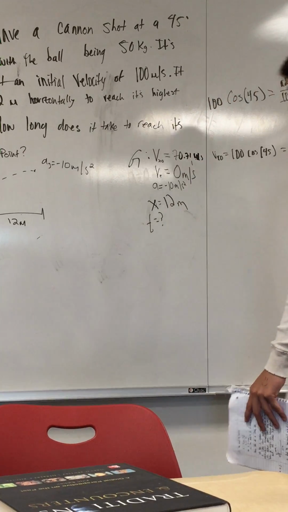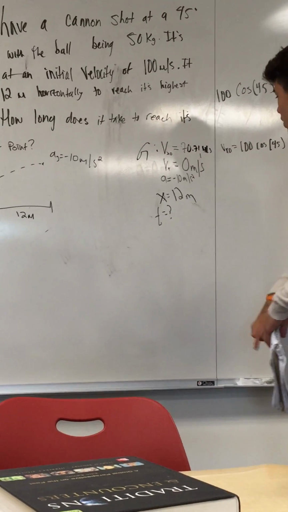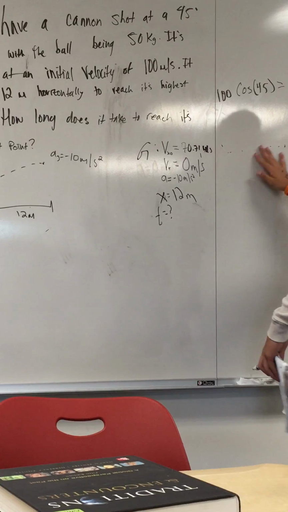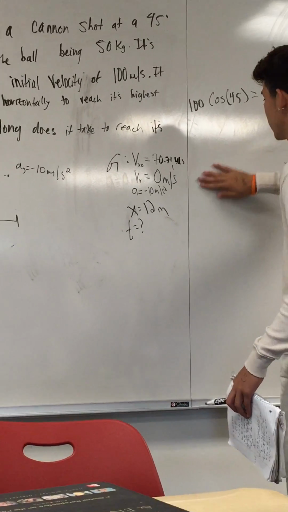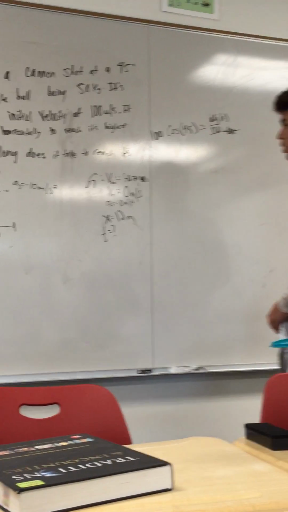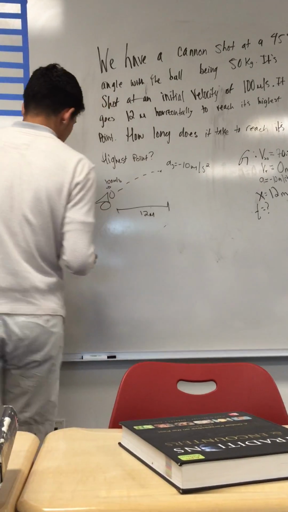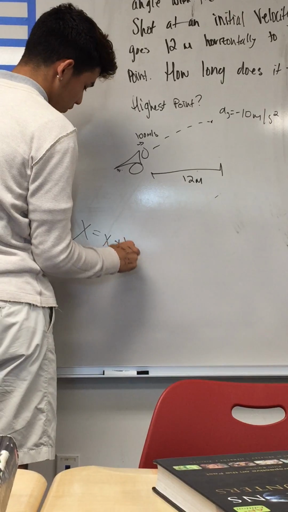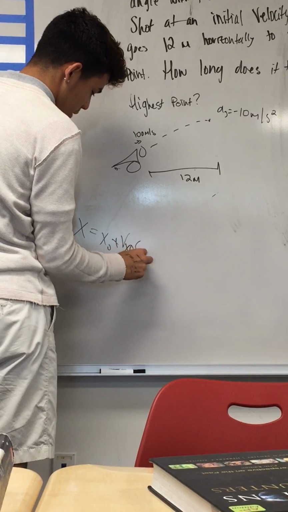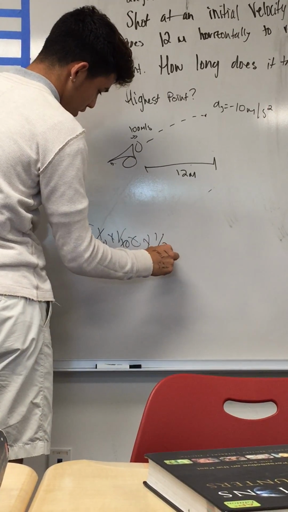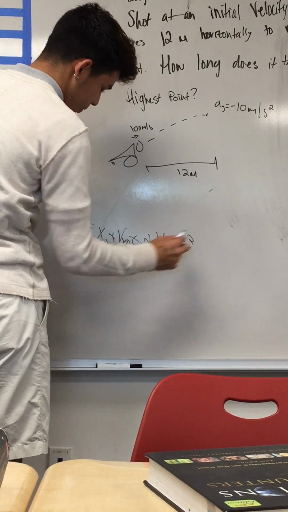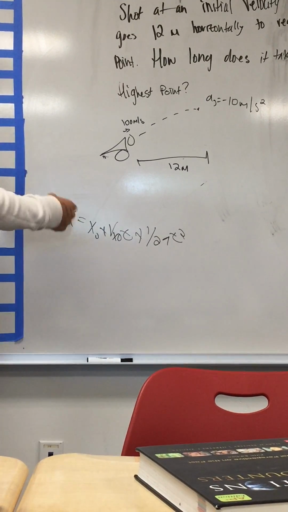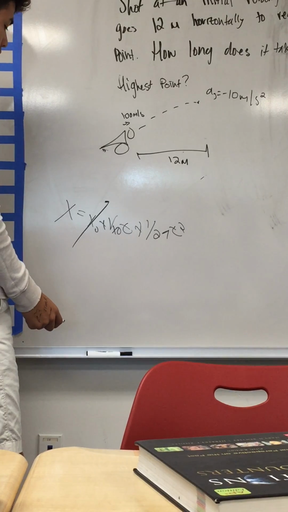So now we need to find an equation where we can use this to find time. So we go back to the equation x equals x naught plus v x naught times t plus 1/2 a t squared. So it starts at 0, so we can cross this out.